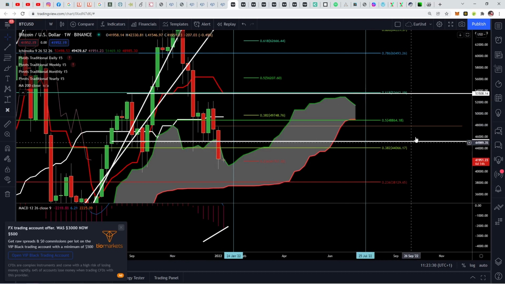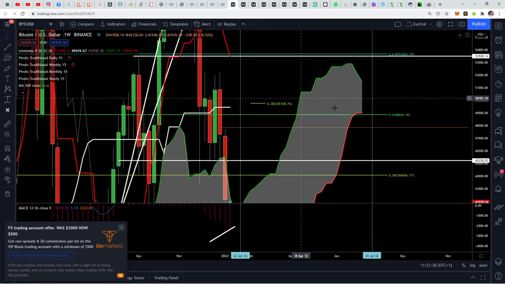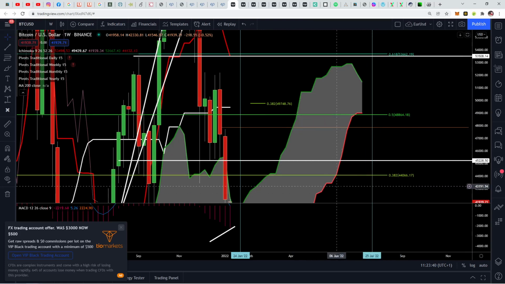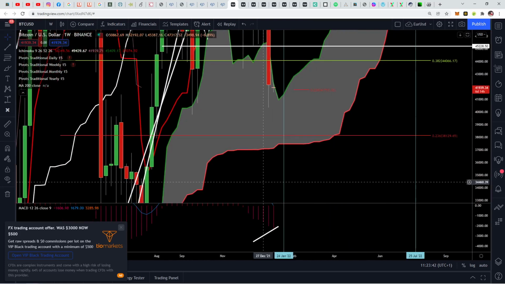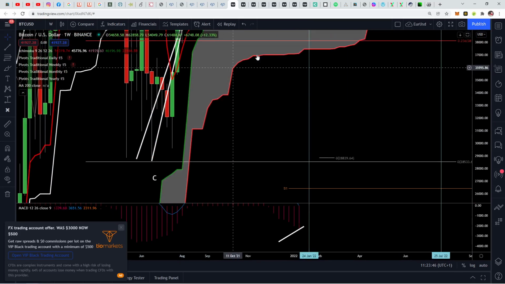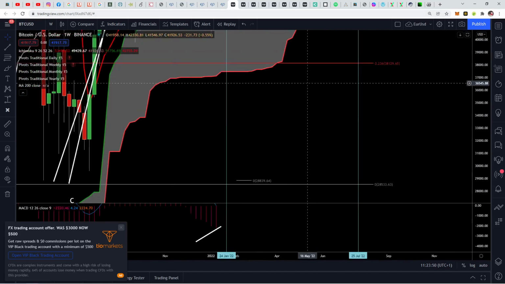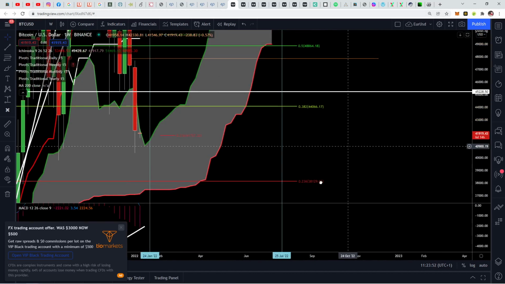And another thing, when you're looking at the cloud, you should also keep an eye on the red line here. You see in the bull trend, or even in a retracement in a bull trend, it keeps going up or sideways. That's what the lower band does.